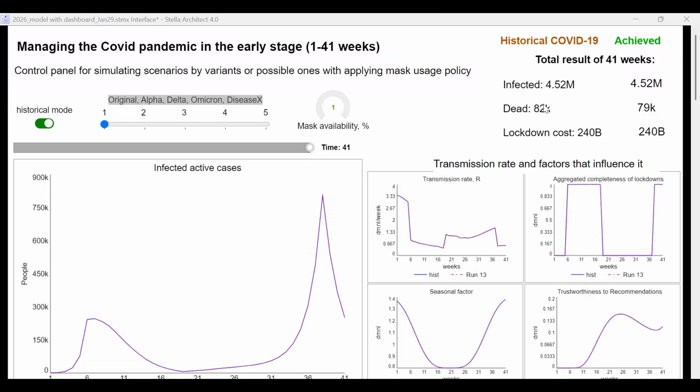On the left side, these are the historical data which are put here to compare with our experiments. On the right side, you will see the variable data, which corresponds to the millions of infected, the number of perished, and the lockdown cost.